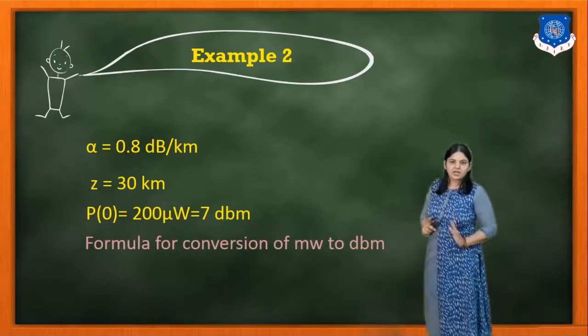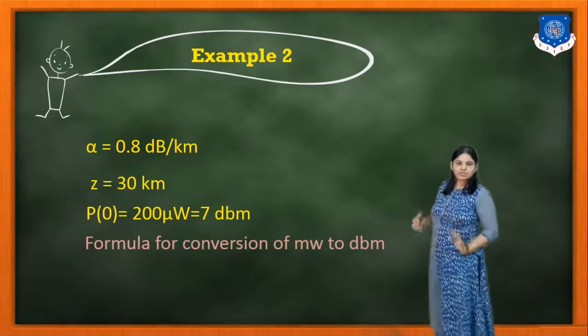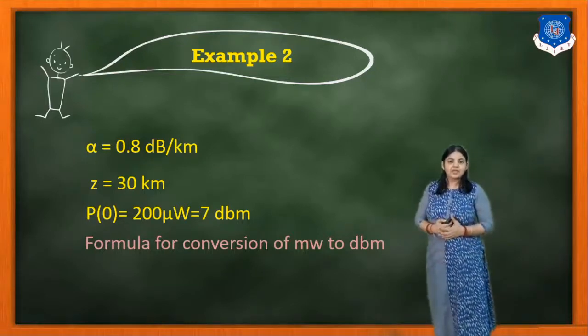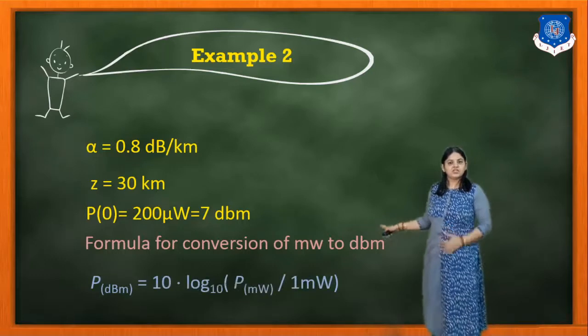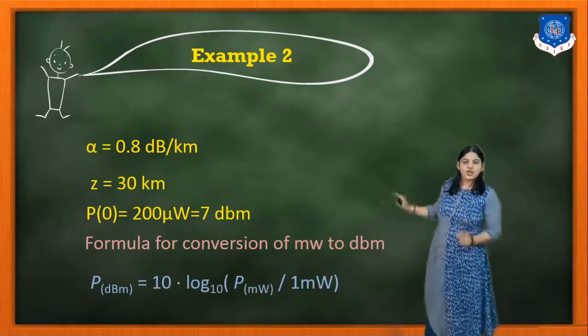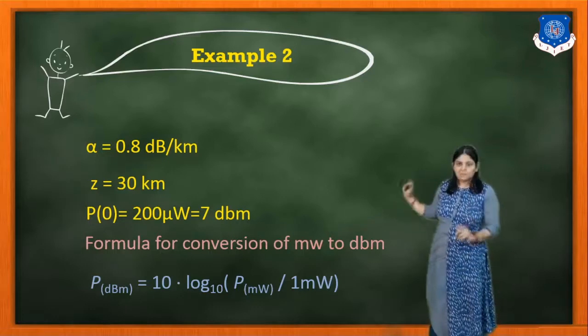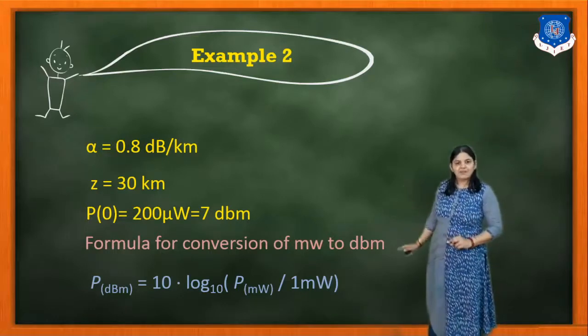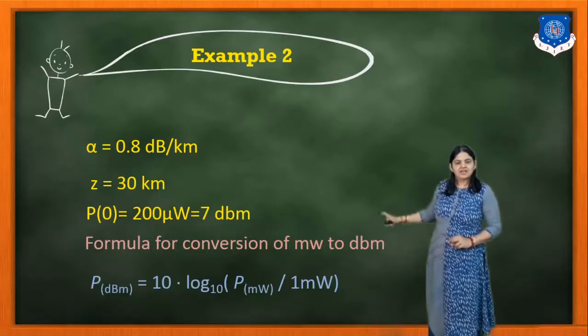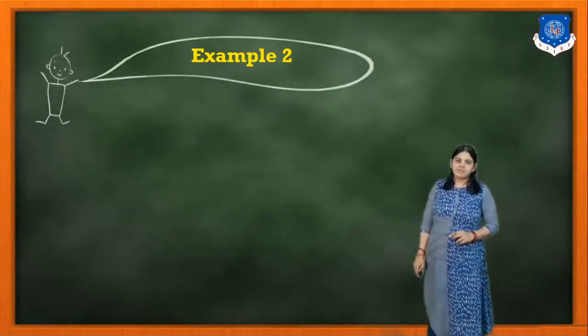If you convert that microwatt into dBm, it is 7 dBm. How to calculate? The formula is for the conversion of milliwatt to dBm. You have to convert this 200 microwatt into milliwatt, put that milliwatt value in the equation, and find the answer, that is 7 dBm.